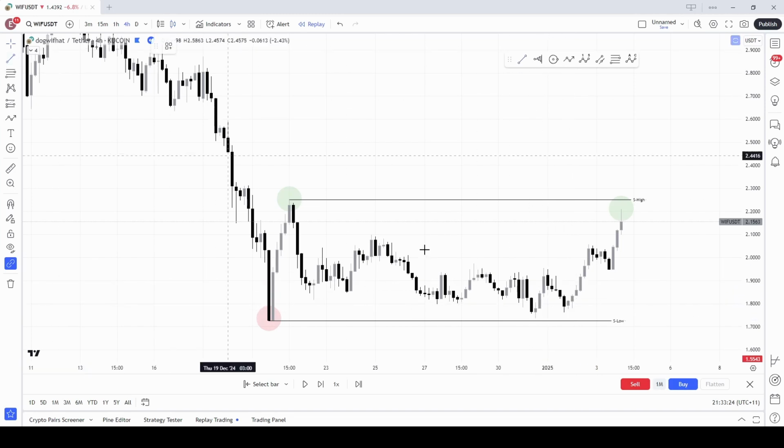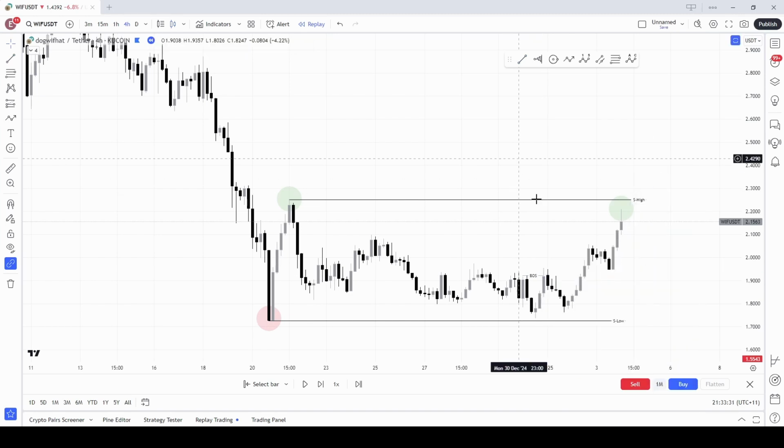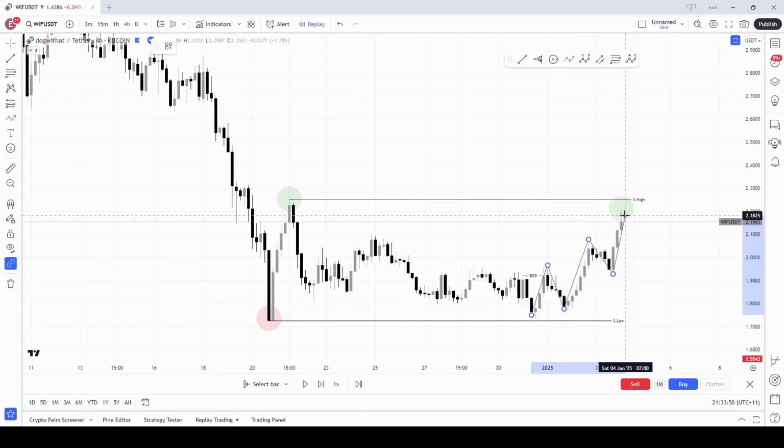And after this internal structural break, so this high has been defeated, we had a retracement. This low is obviously lower than this one, which then means I can just start to draw this. We have this type of price action now, heading towards the swing high, right?